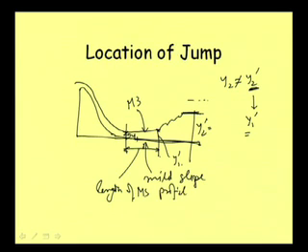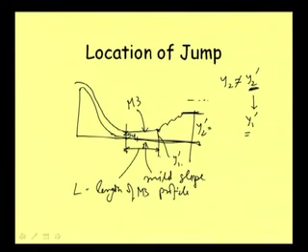Of course, if our channel is horizontal, then we are not talking about M3 profile, and in that case we get an H3 profile. Whatever profile we get, with our knowledge of gradually varied flow we can compute that profile and then we will know its length. Suppose this length is L1.